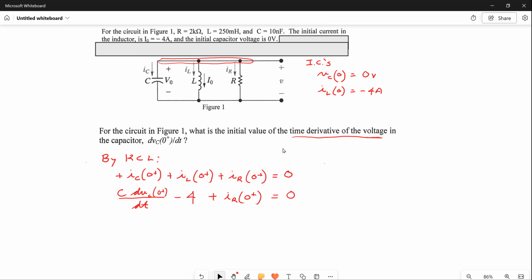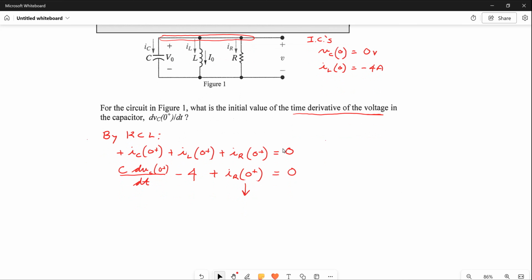I think you could see here that this value, using Ohm's law, is simply the voltage across the capacitor at 0 plus divided by the resistance value up there. Well, the voltage across the capacitor at 0 is 0 volts. Voltage can't change instantaneously across the capacitor, so that numerator has to be 0. So this term here all goes to 0.